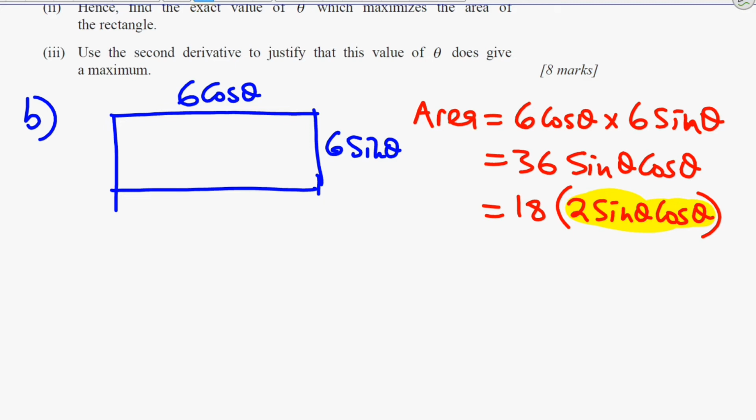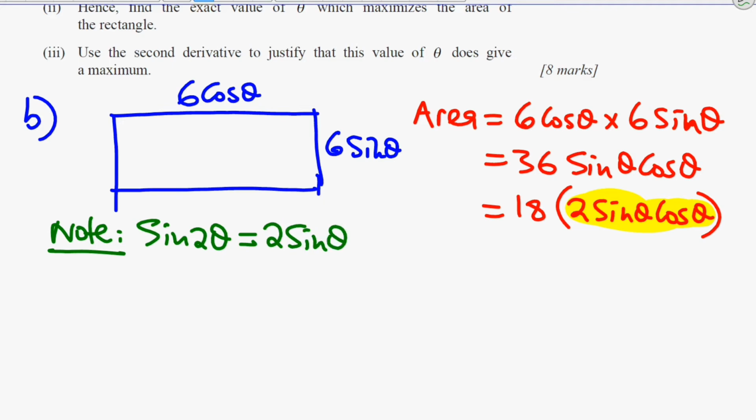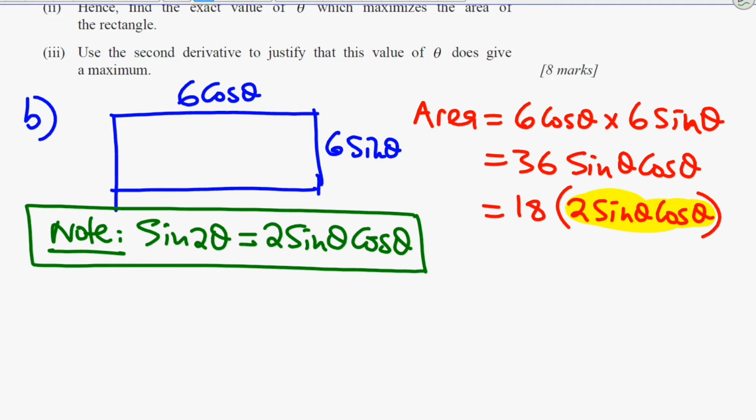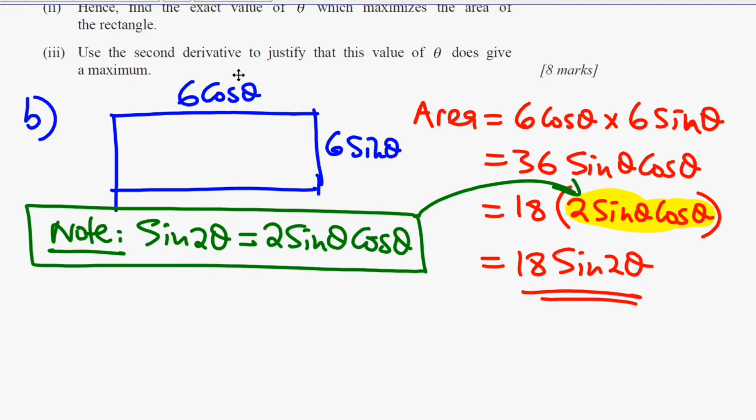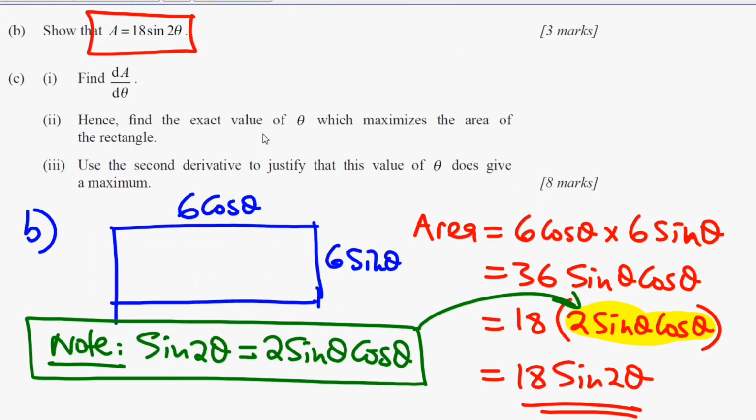It's because sine 2 theta, from trigonometry, is 2 sine theta cos theta. So we are going to use this here, which means our answer here will be 18 sine 2 theta. And that is what you're required to do for part B of this question.